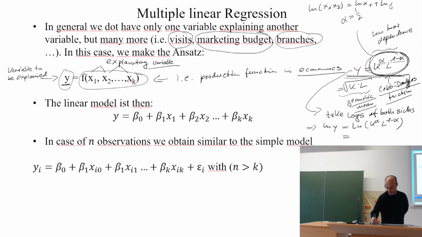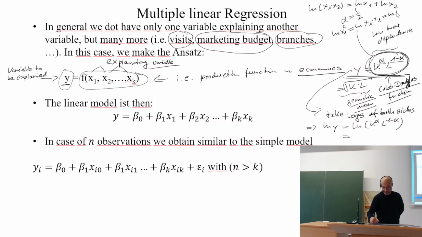This you have hopefully learned in class 10 or so in school. And if the log of the product is the sum of the logs, then we also know what ln of x1 squared is, because we can write this as x1 times x1.